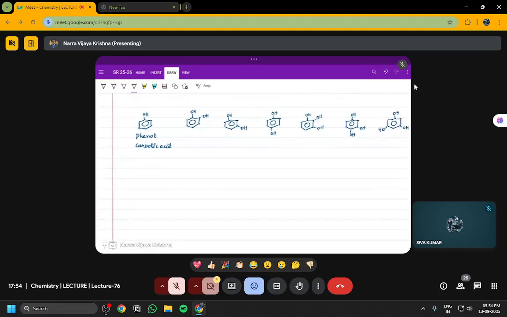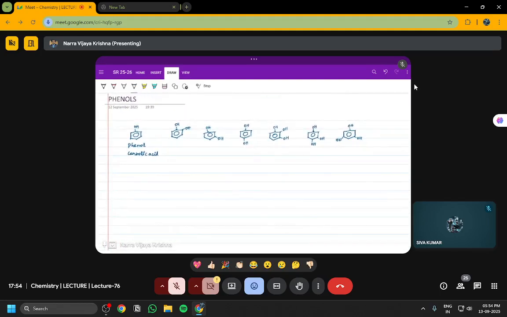Oh, sorry. Catechol. This is called resorcinol. This is phenol. This is pyrogallol. This is hydroxyquinol. This is phloroglucinol.